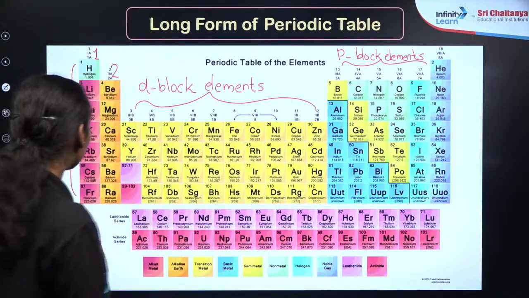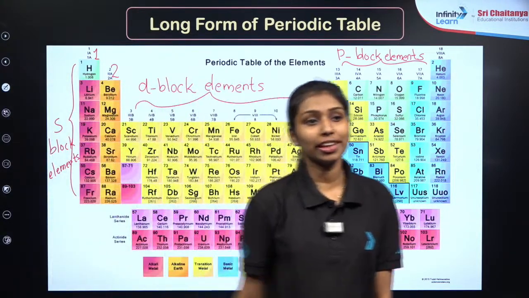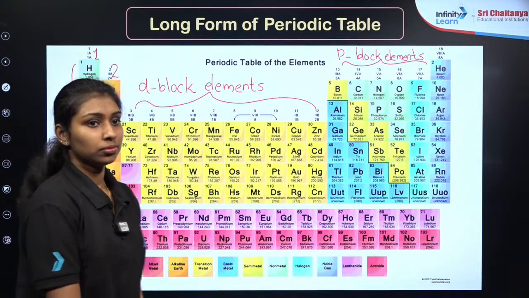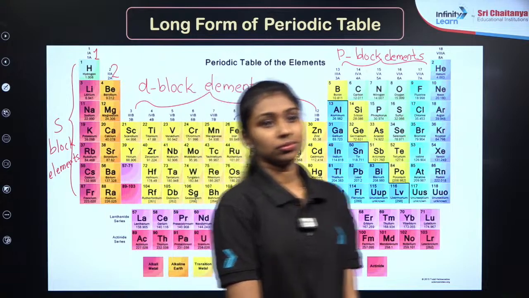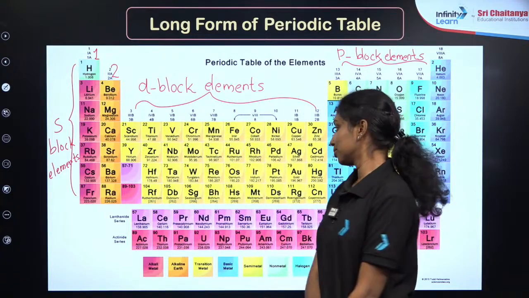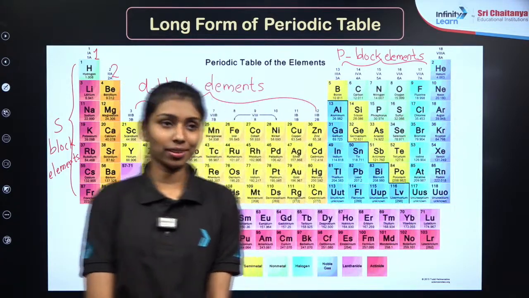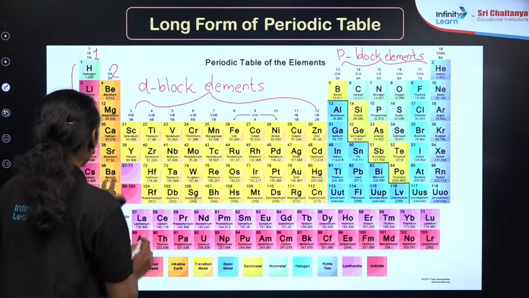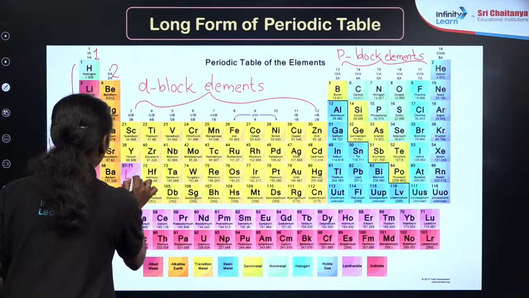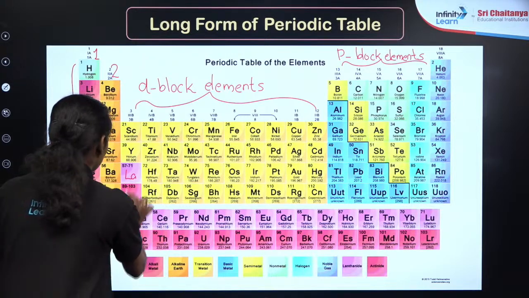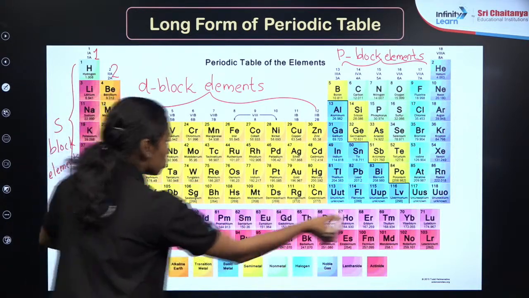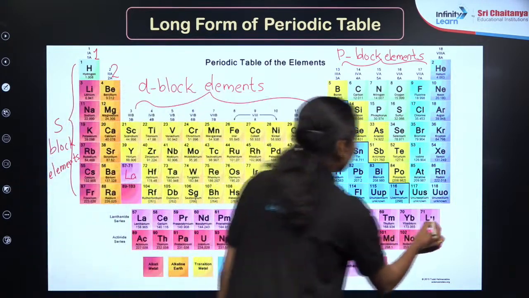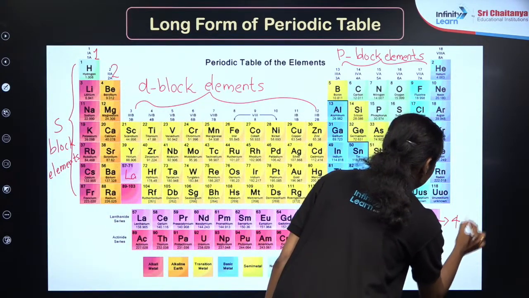Then what is left over here? Which block is left over? F block elements. As you can see over here, after lanthanum, from cerium to lutetium, the last electron always enters the F orbital, that is the 4F orbital.